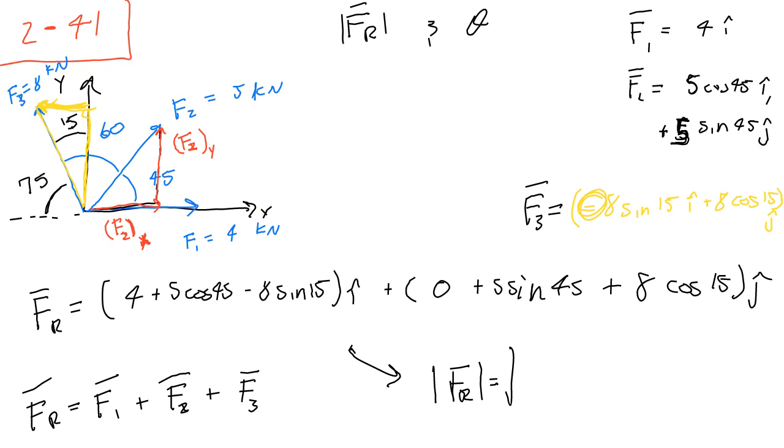It's FR X component squared plus FR Y component squared, square root of that. Okay, so that gets us our magnitude.